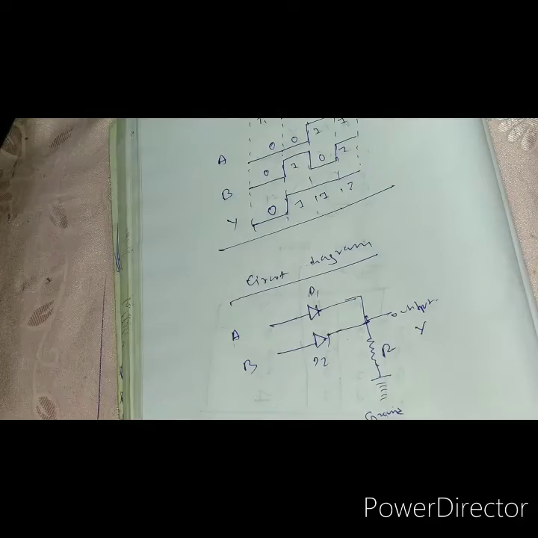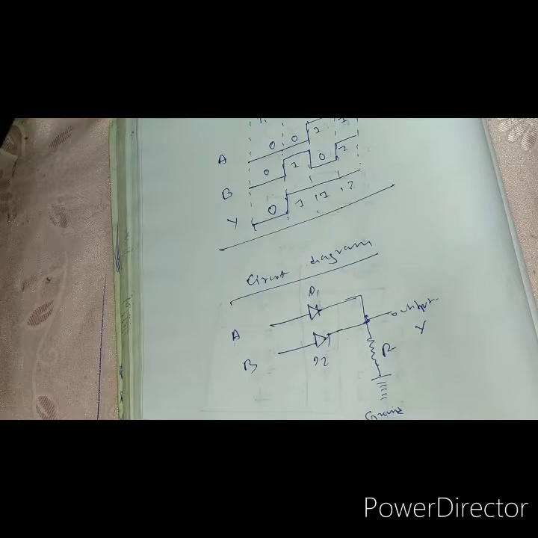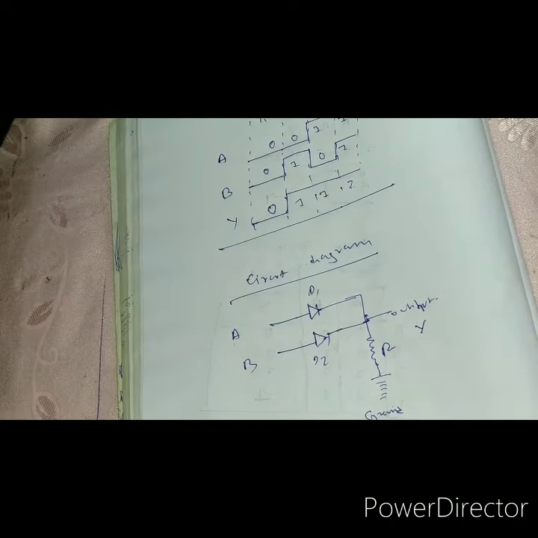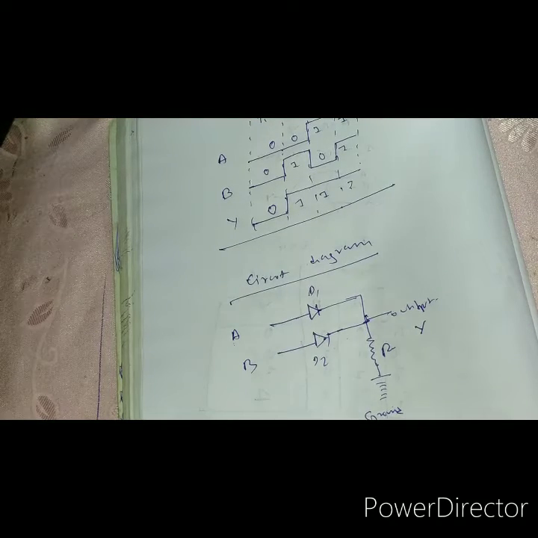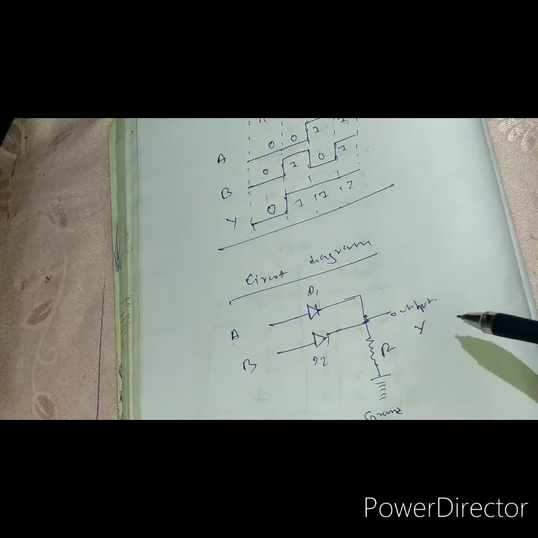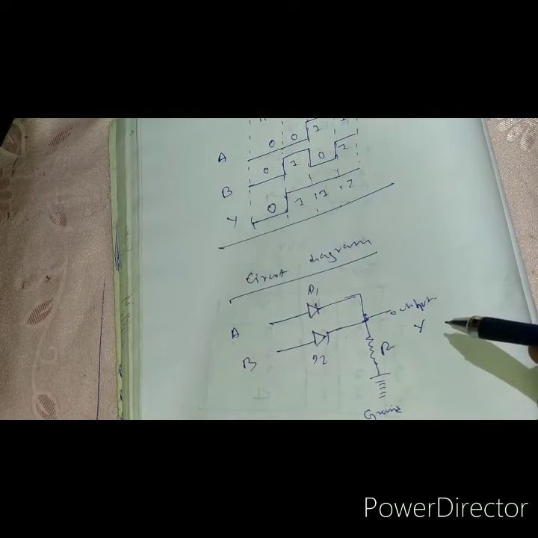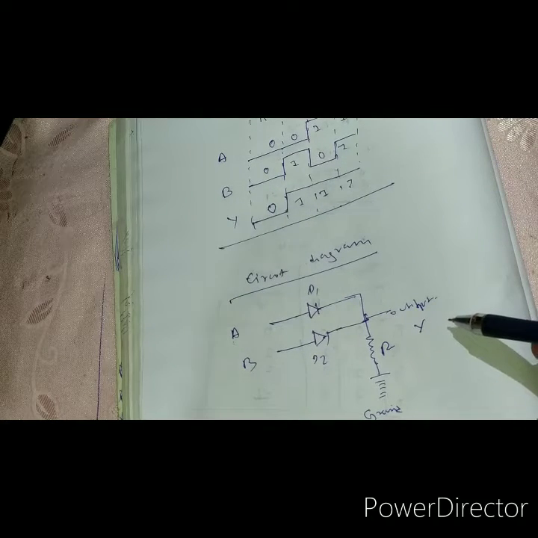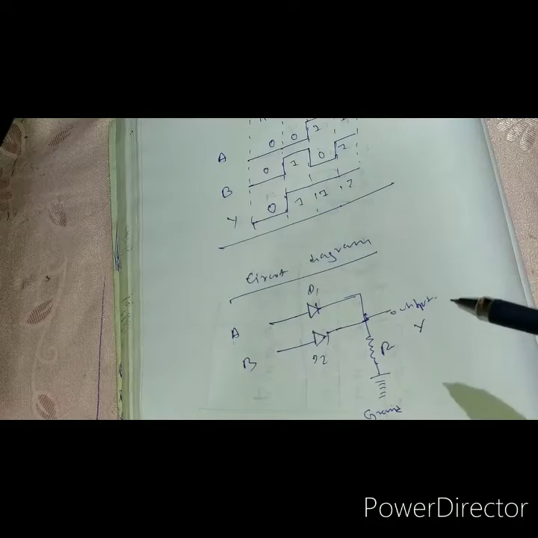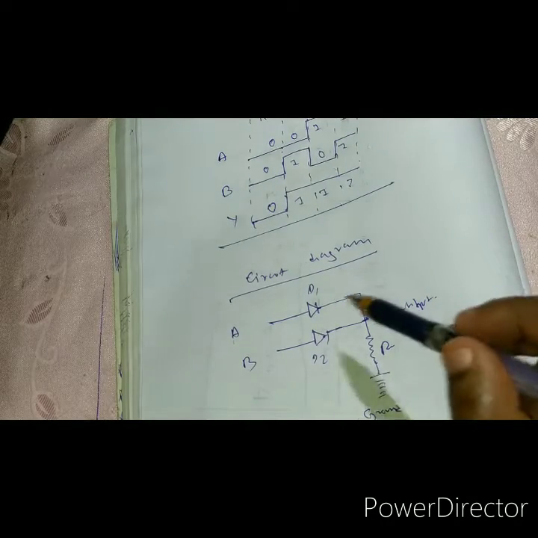So now, whenever these diodes are on, that is whenever the anode voltage is higher than the cathode voltage, then these diodes are going to be on, that is short circuited.